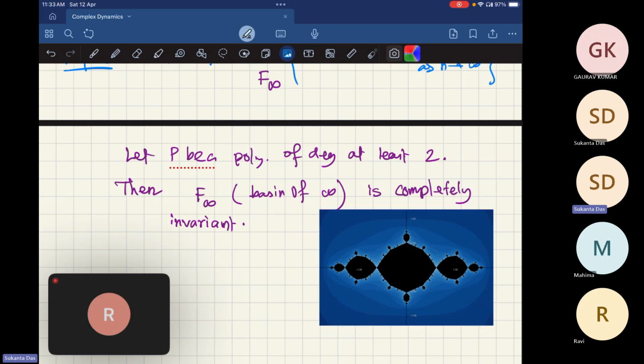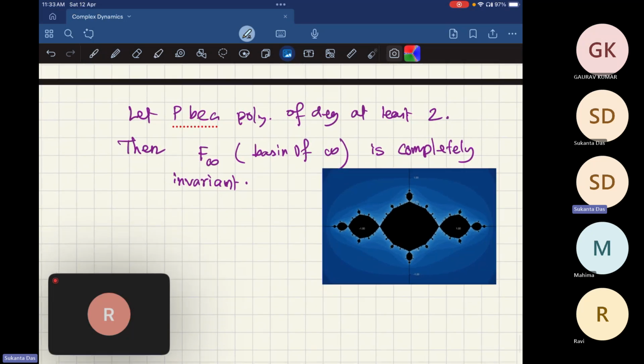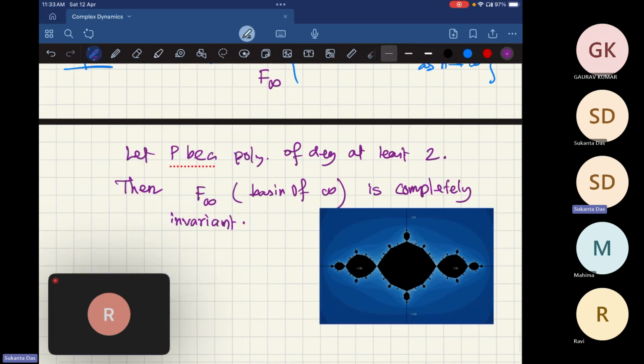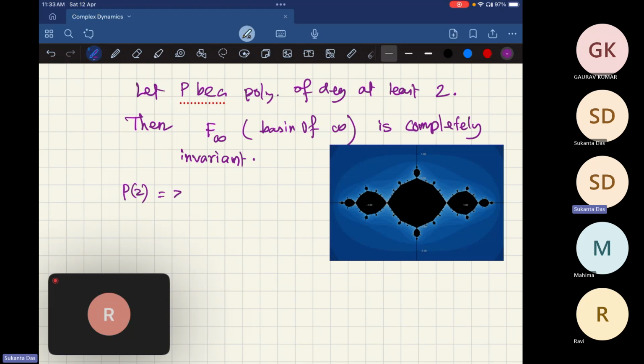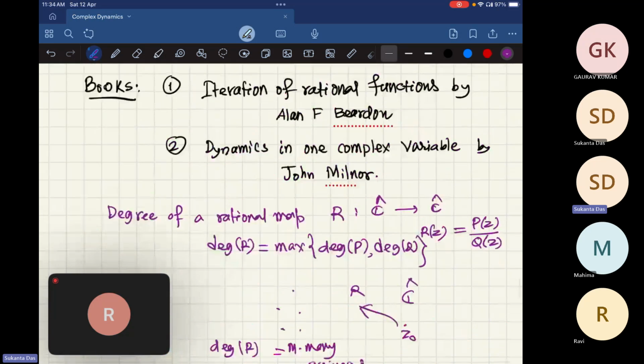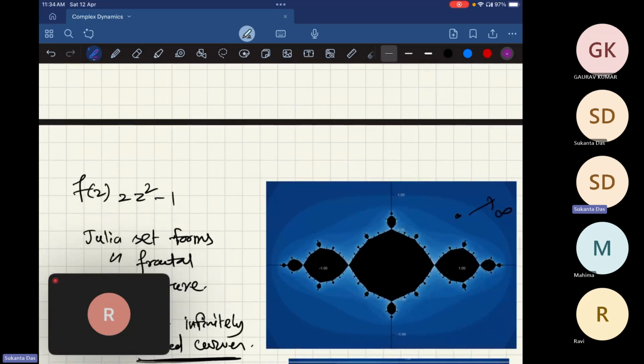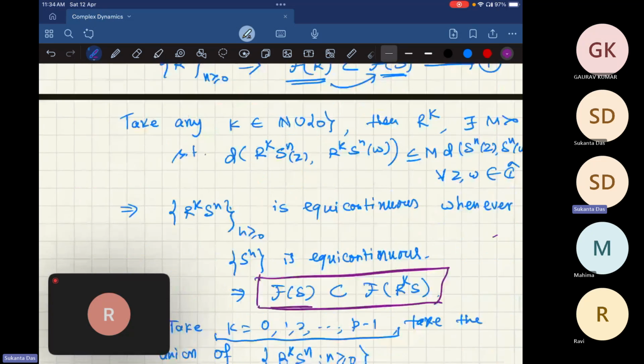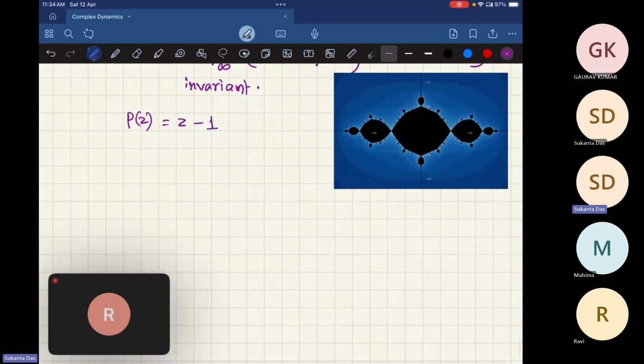Here I have taken my polynomial to be z square minus 1.